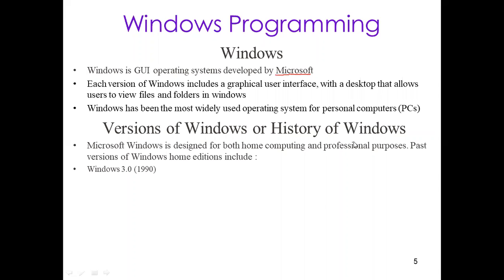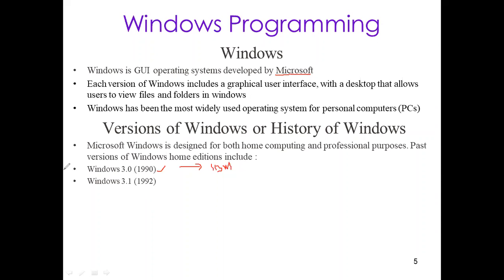Now you can see some history of Windows, or some versions of Windows. In the 90s, the first Microsoft OS was designed with IBM, known as Windows 1.0, in the early 80s.